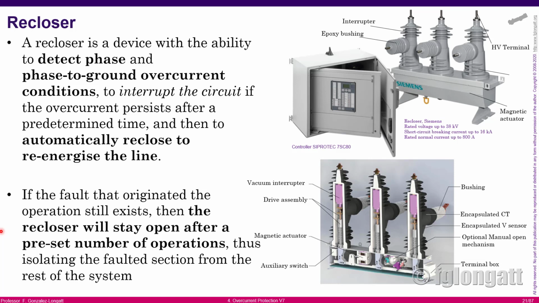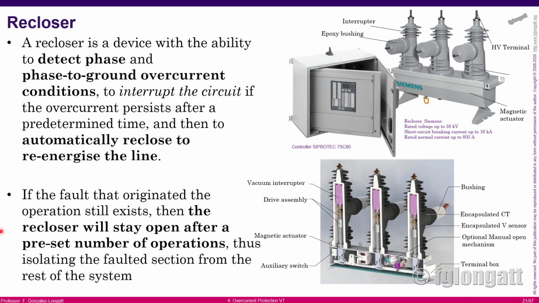I mean, a tree goes near a distribution line, the insulation is disrupted, and there is a small short circuit. The idea of the recloser is that when it sees the overcurrent, it opens and waits for a few seconds or cycles, depending on the manufacturer, and then the device will close again.